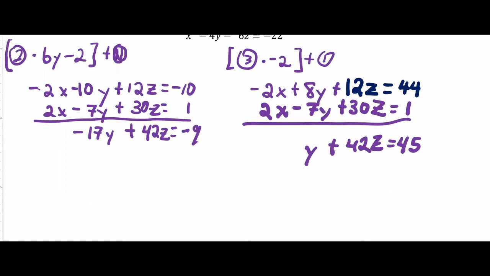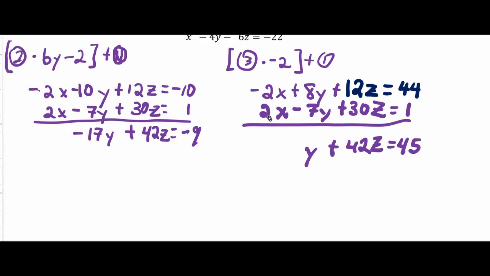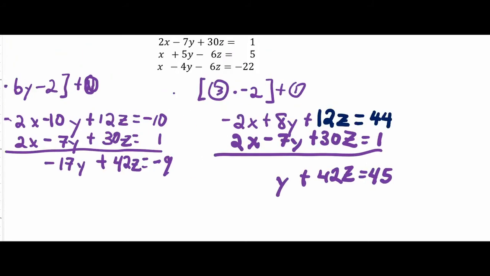Now, by the way, what we've done is created a 2 by 2 subsystem within there. So I could write another system, same equation 1, and then our new equations that just have y and z.